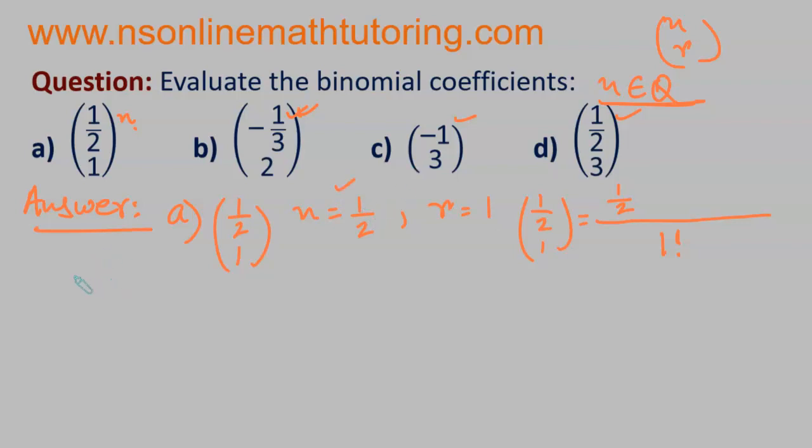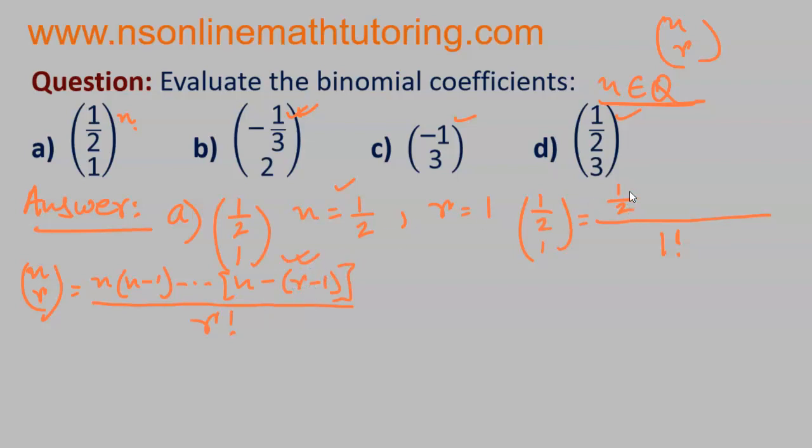Let me write the last factor expression. It is actually NCR. Let me write it over here because it is new to you. So it is n times n minus 1, and it continues up to n minus r minus 1, over r factorial. This is the expansion. When r is equal to 1, 1 minus 1 will be equal to 0. When 0 is getting subtracted from n, that will be the last factor.